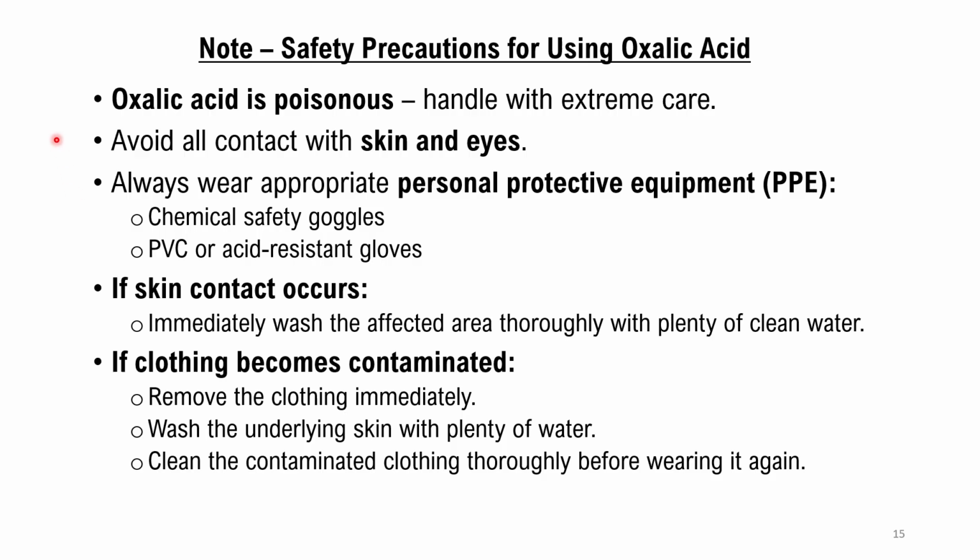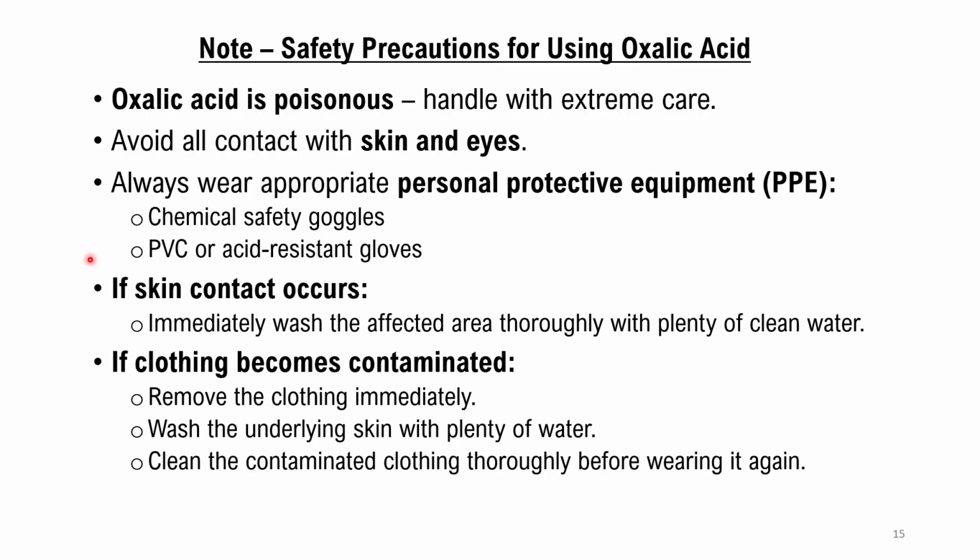Now, some safety precautions while using oxalic acid. What is it? Oxalic acid is poisonous. Handle with extreme care. Avoid all contact with skin and eyes. Always wear appropriate personal protective equipment: chemical safety goggles, PVC or acid resistant gloves.